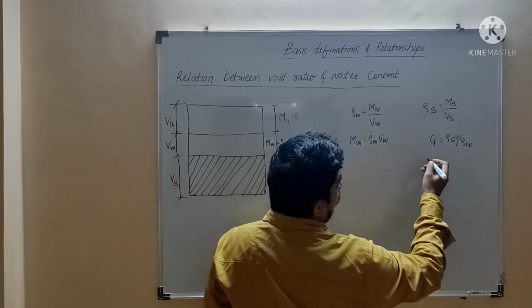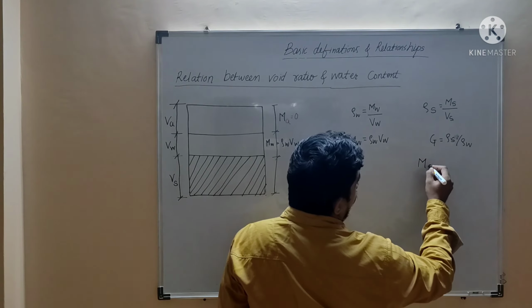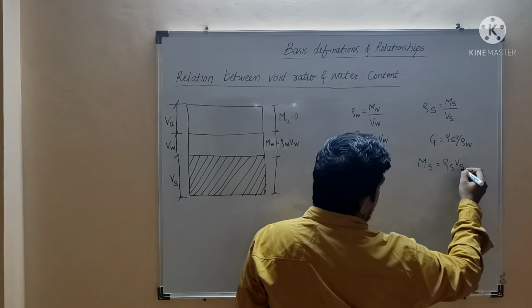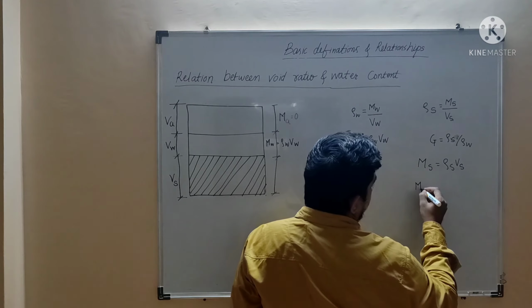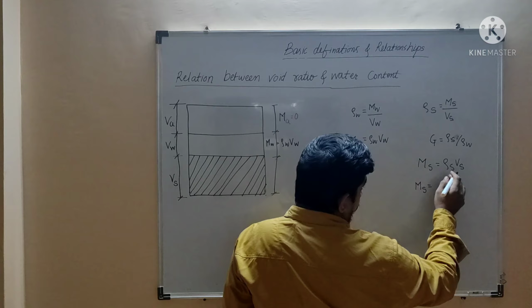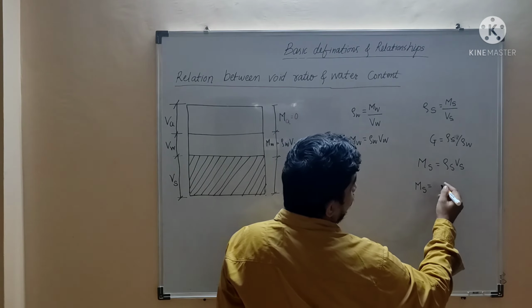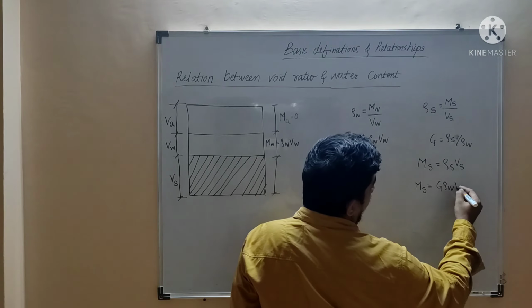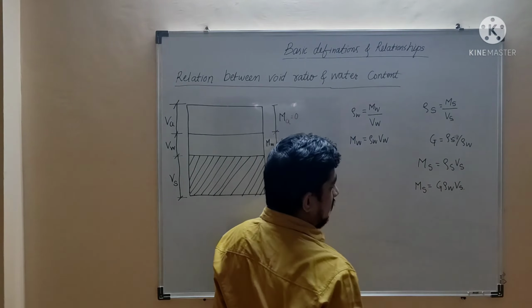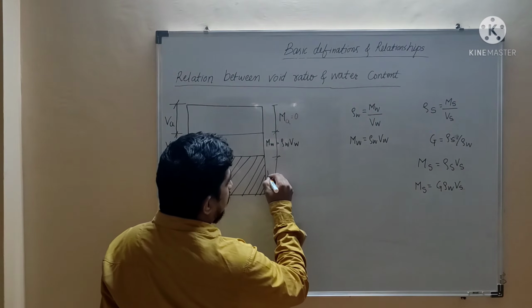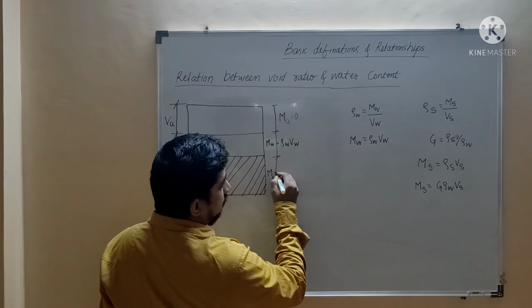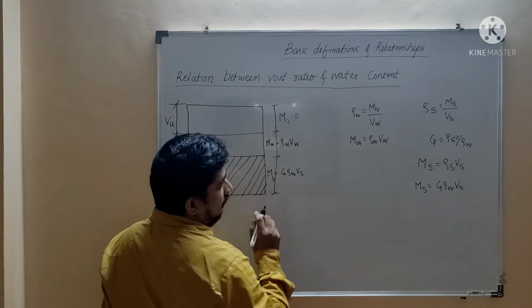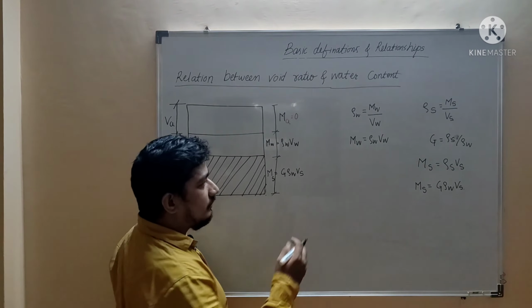That's why MS is equal to rho s into Vs, so MS will become G into rho w multiplied by Vs. Now, what is water content?